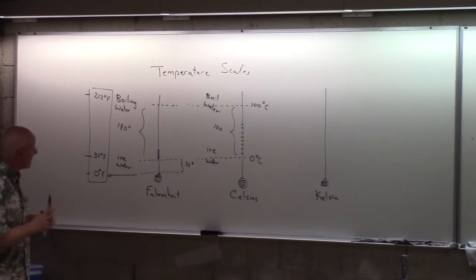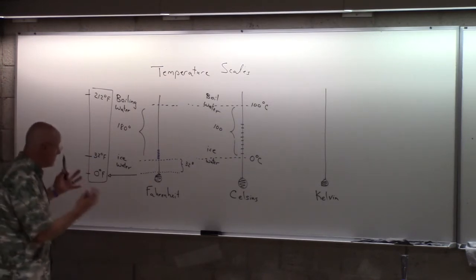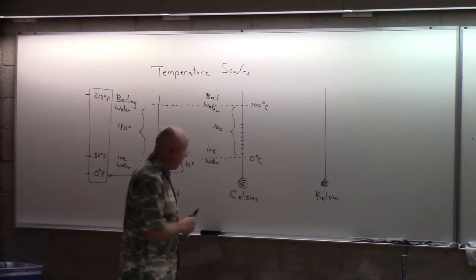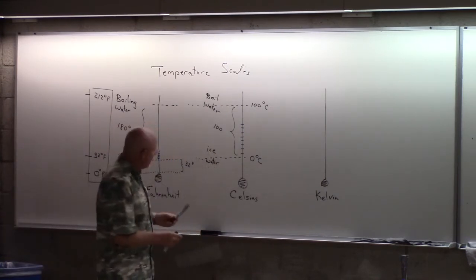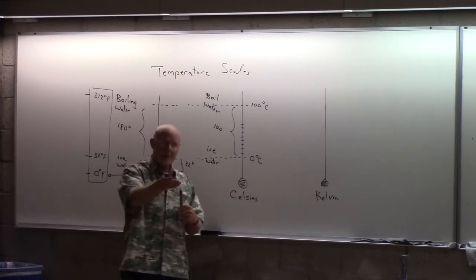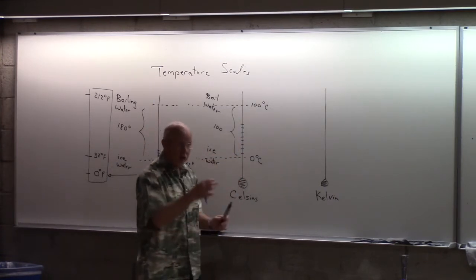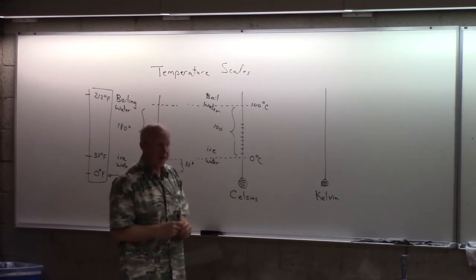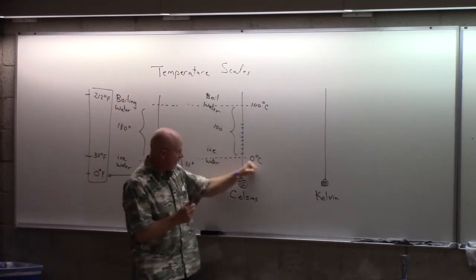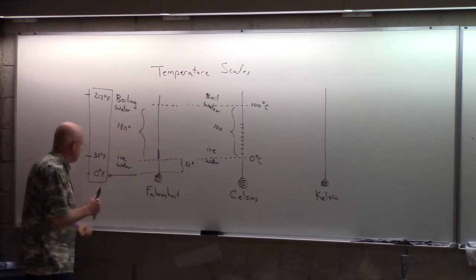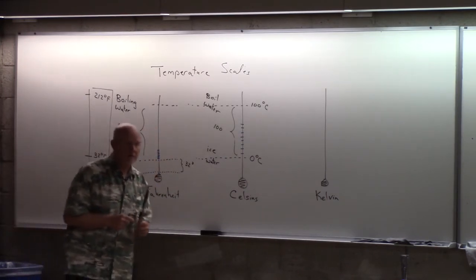And so that's, I would say, a nice improvement. But what I want you to get at, if there's anybody who doesn't know the Celsius scale, is that 0 would mean ice water and 100 would mean boiling water. So 100 Celsius corresponds with 212 Fahrenheit. 0 Celsius corresponds with 32 Fahrenheit.